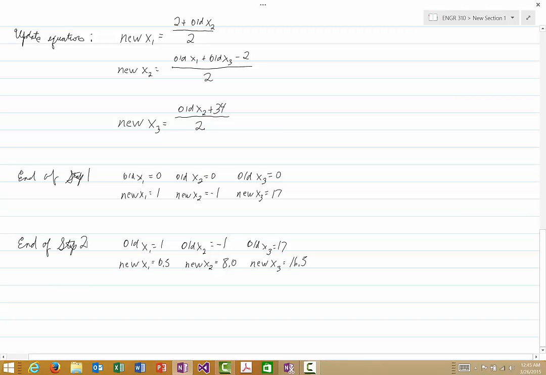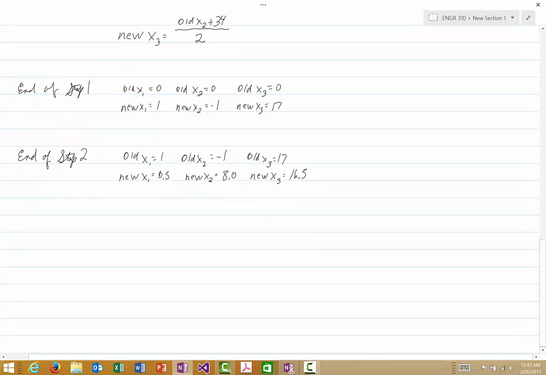Now, this is going to get tedious if I write down every one of these, so let me skip down just to show you some typical results when you use the Gauss Seidel procedure. Let me show you some values that we would get. So let's jump to end of step 10.